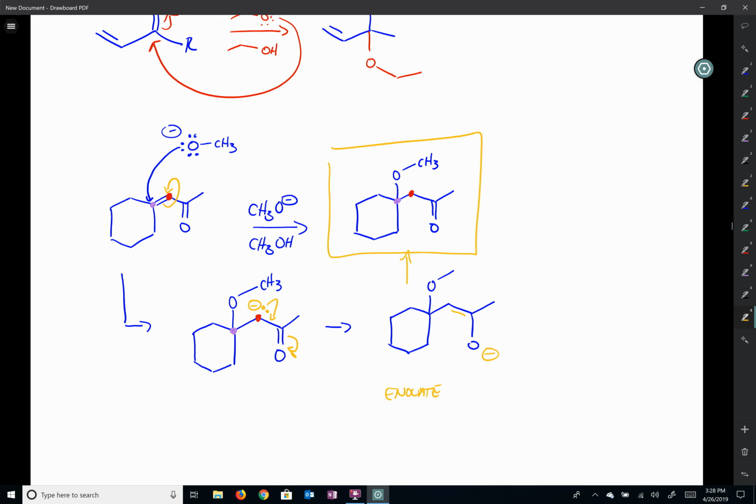So let's do our mechanism here properly. We send in something at that beta carbon, we shift, and that takes us to here. So what we find is that we have something called 1,4 additions. Now, we've talked about 1,4 additions before when we talked about thermodynamic and kinetic products.